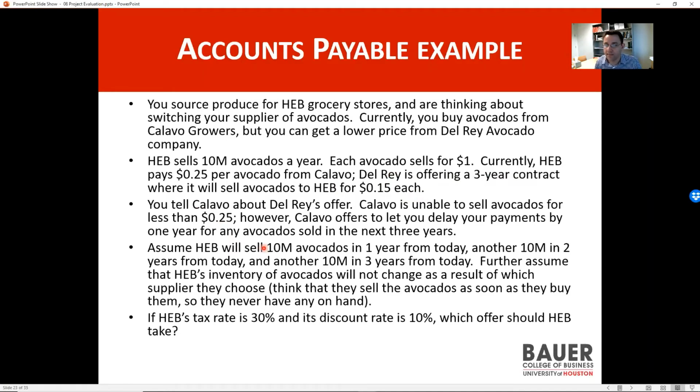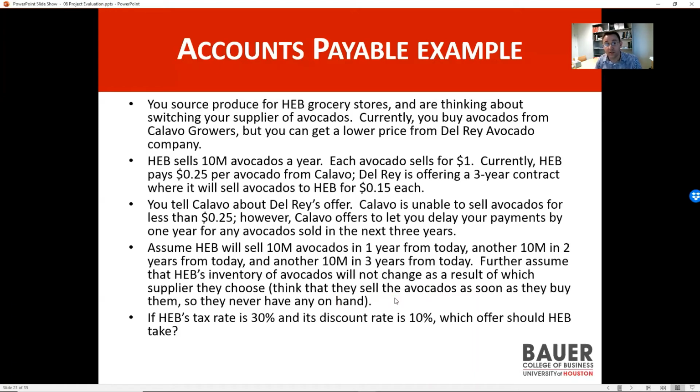Okay, so assume that H-E-B is going to be selling 10 million avocados in 1 year, in 2 years, and in 3 years. 10 million avocados each year. Further, we're going to suppose that all the other current assets and liabilities stay the same. So the inventory of avocados is not going to change here. You buy avocados and you sell them with a pretty short turnaround, so your inventory isn't going to change.